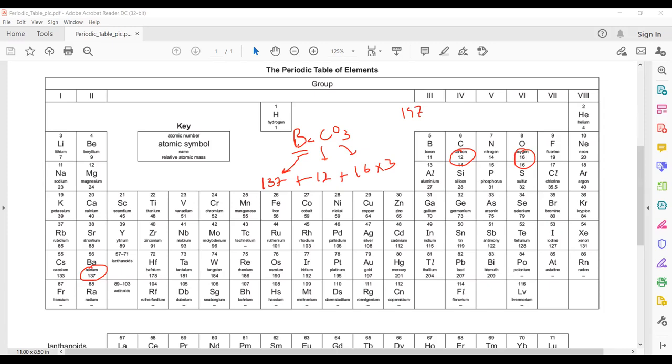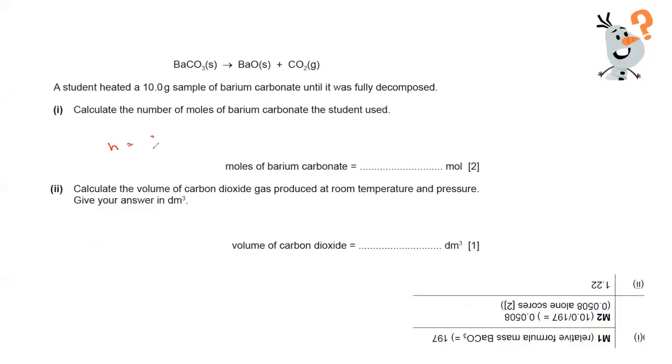So how do we get the answer? Because the formula is moles equal mass in gram divided by molar mass. Mass in gram is 10 and molar mass is 197. So how many moles do we get? We'll get 0.0508 moles of barium carbonate. Is it clear?